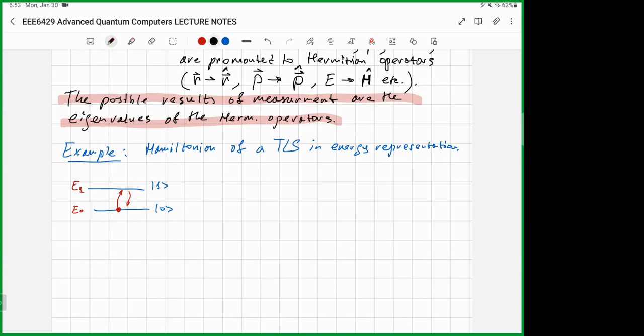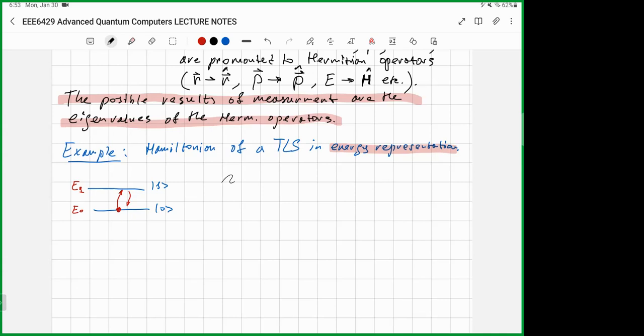Since I am in the energy representation, the corresponding matrix of the energy is the Hamiltonian. The Hamiltonian is the operator or matrix that represents this classical quantity, energy, in quantum mechanics.